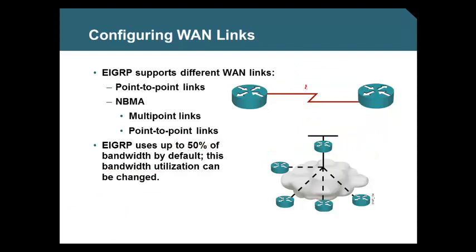Even though I have a bandwidth of 1500 kilobits, I need to go and tell it, no, my bandwidth is actually only 56K. When you say that, half of it will be taken by EIGRP, not 750. Somewhere around 25, 26, 27 it will take.